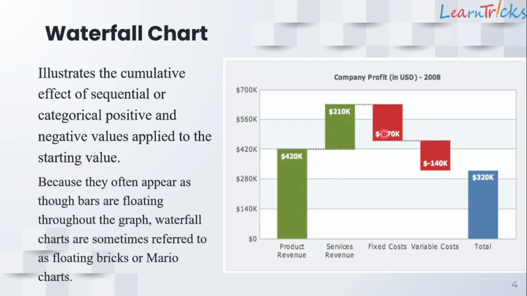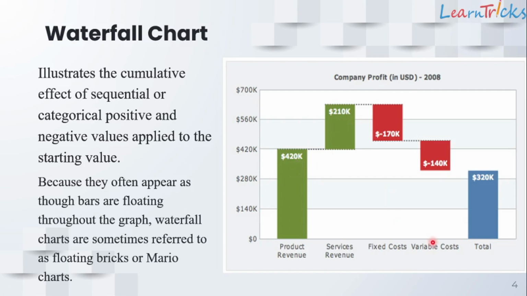So first, the fixed cost starts from the end of the addition of product and services revenue, right? It starts from this upper dotted line and moves downwards, and is written as minus 170k. It means it is subtracting from the total of these two.